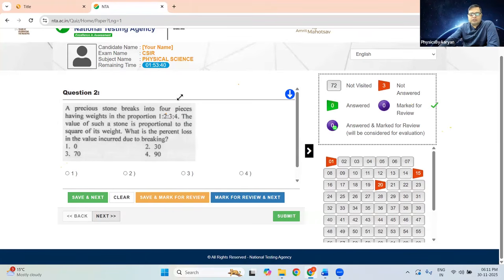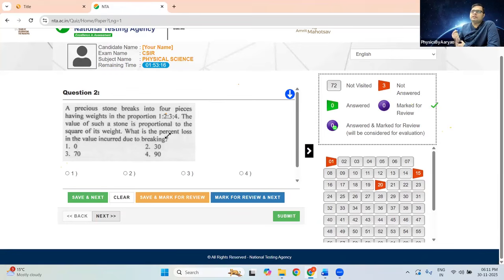Always remember, these are simple algebra kind of questions. You assume that the total weight of the stone was X, or you can even use some number like 100, and then you break it down 1, 2, 3, 4. Then you do the simple ratio mathematics and get the answer. So this is a question which I can try to do.